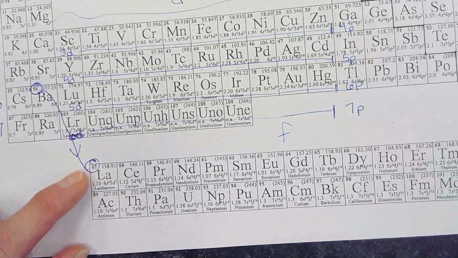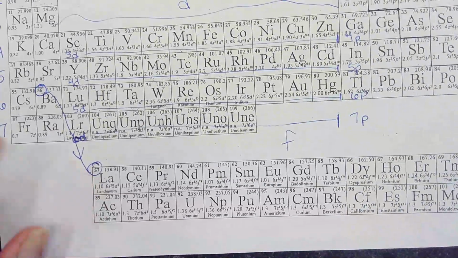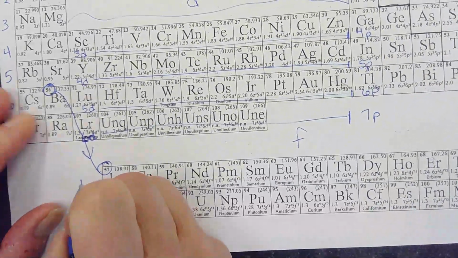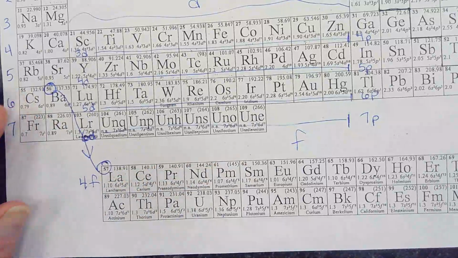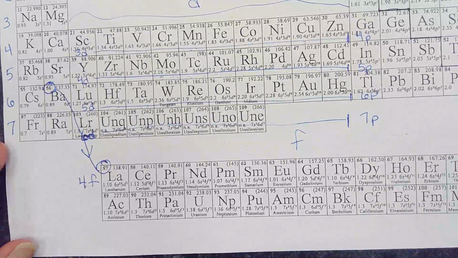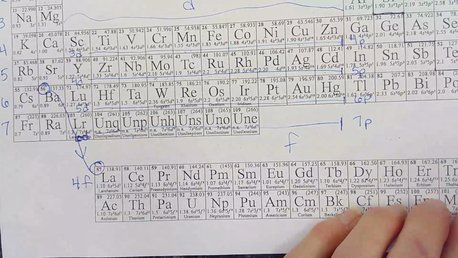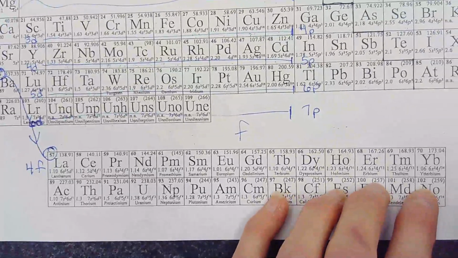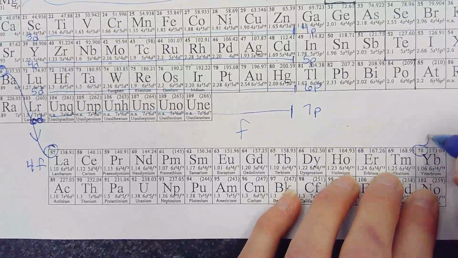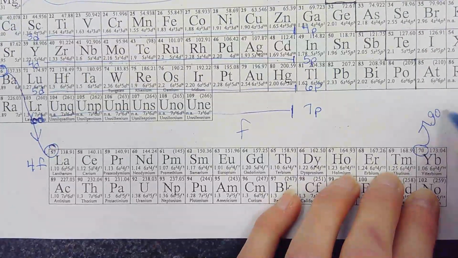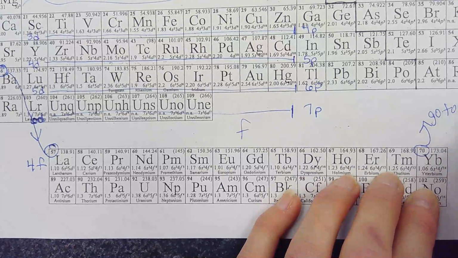And 57, you would think, would be 6F. It's actually 4F. So label it as such. And then on 70 over here on the right-hand side, put a circle and make a note, go to 71, which is 5D.